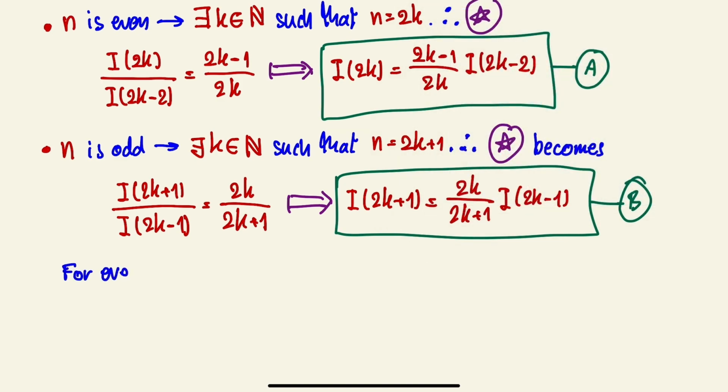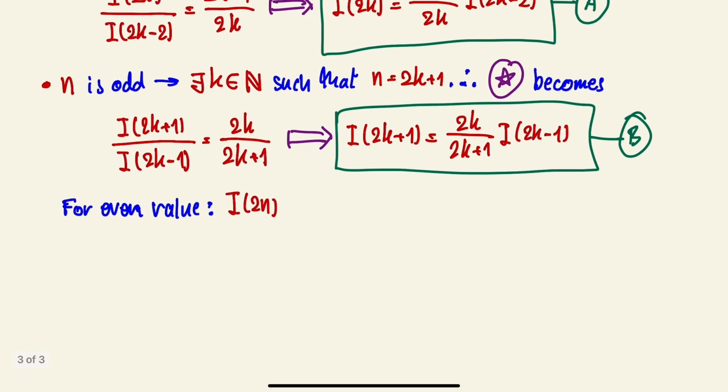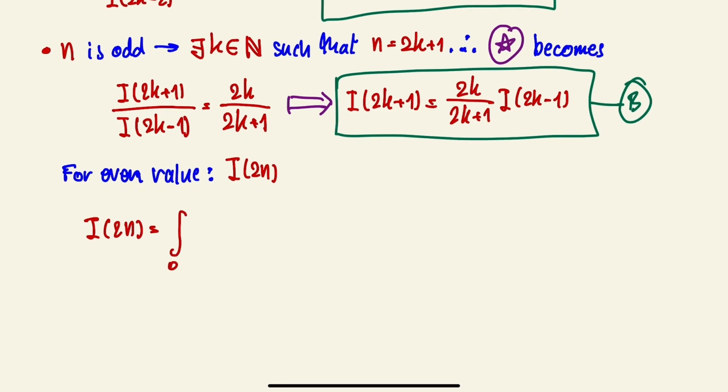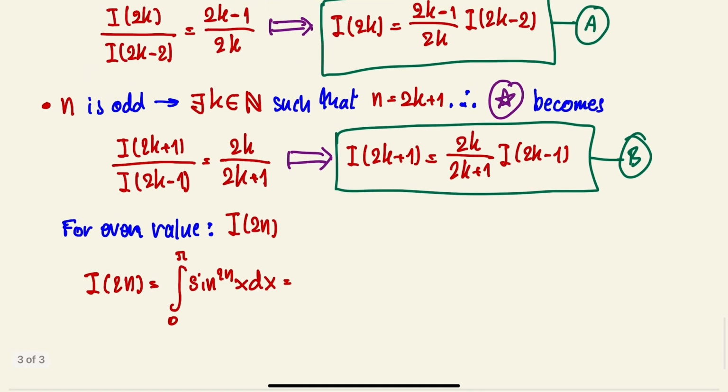For the even value, I of 2n is the integration from 0 to pi of sine of 2n x dx, which is 2n minus 1 over 2n times I of 2n minus 2.